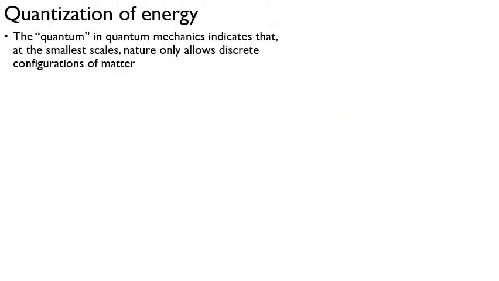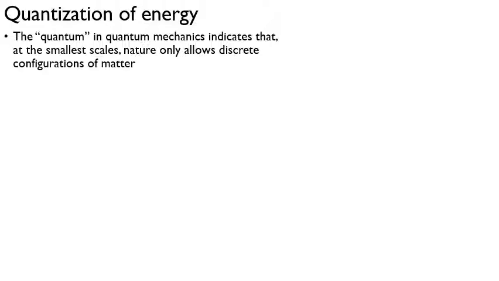And to understand spectra, we have to delve a little bit deeper into the atom, and let's just talk about quantization of energy within an atom. You've heard the phrase quantum mechanics many times. What does the quantum refer to?